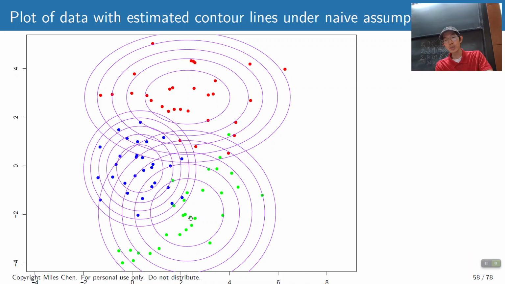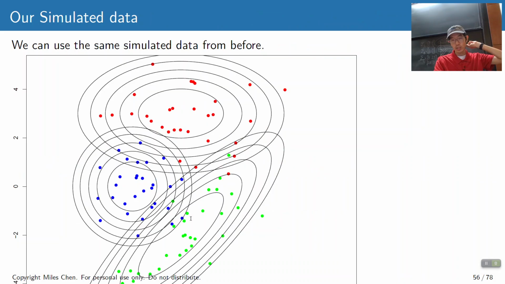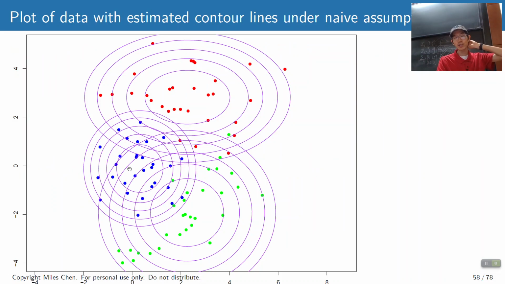So basically, the biggest flaw here is, if you looked at the original data, we would say, could the green class ever produce a value at 0, 0? And we would say, no, there's no way it could ever produce a value at 0, 0. Whereas over here, we're going to say, it's not super likely, but it is possible for the green class to produce a value at 0, 0.